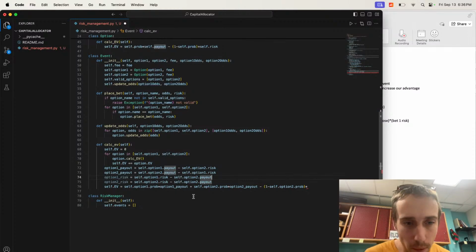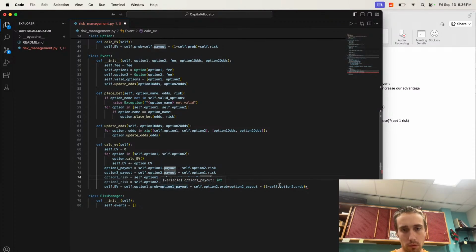So then we just have to do, okay. So if option 1 wins, you want to do the probability option 1 wins times option 1 payout.